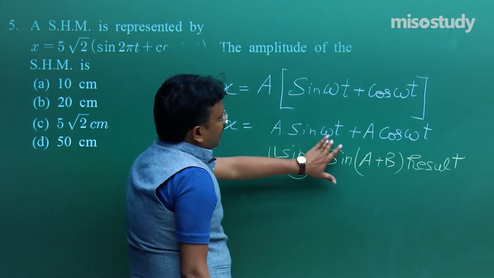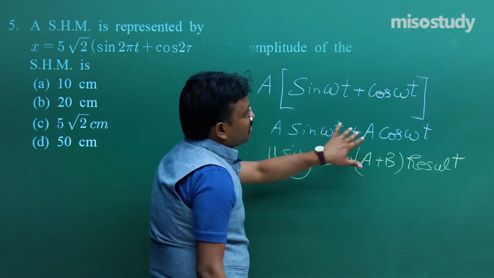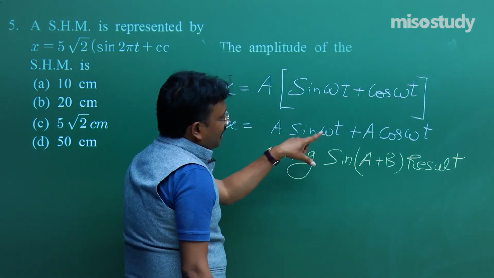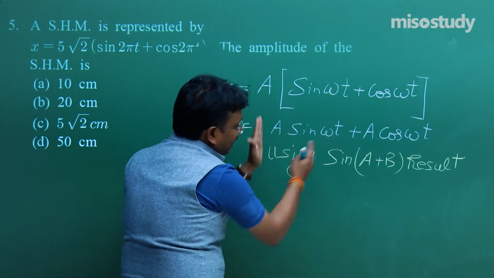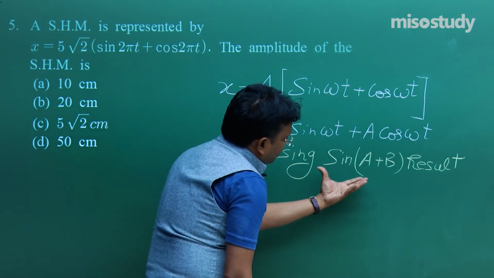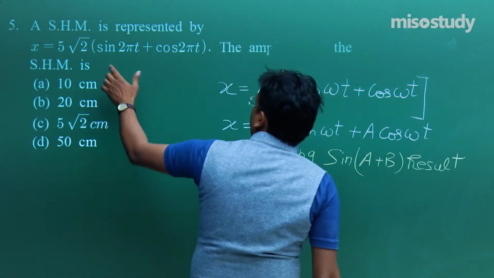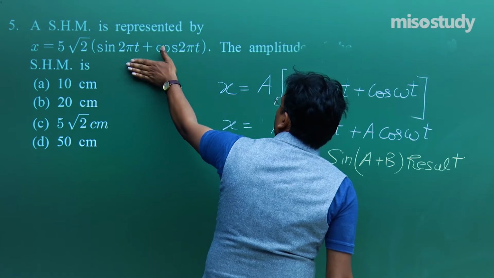Basically, sin a cos b plus cos a sin b. That is the arrangement of the terms. So, after using this result, if I want to write down the simplified version of this equation, fine.